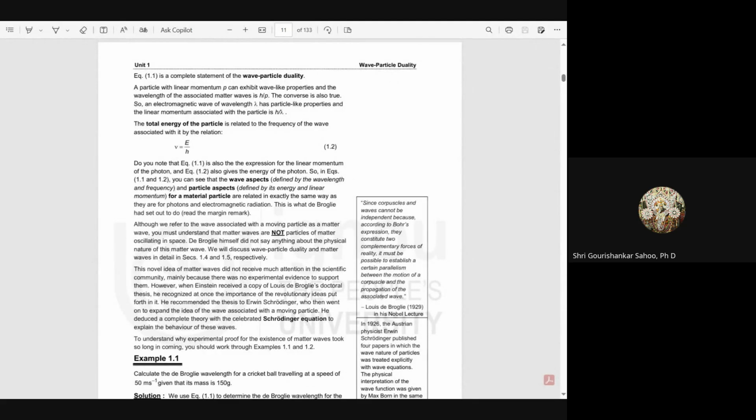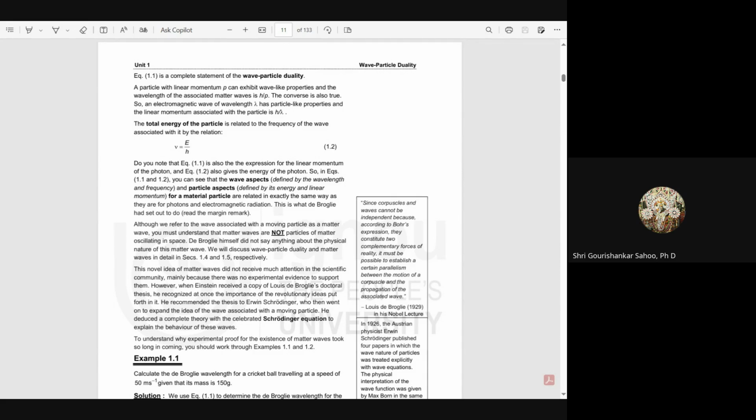So before the arrival of quantum mechanics, classical mechanics started with Sir Isaac Newton and his famous corpuscular theory. So corpuscles or point particles were considered by Newton for his explanation of light.